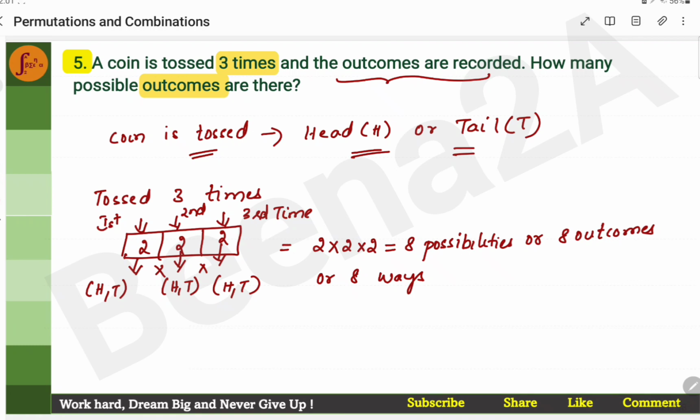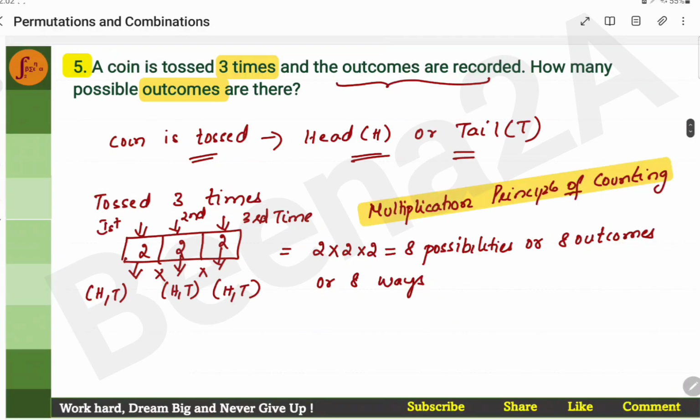Here we have used the multiplication principle of counting. If we use the lengthy method and write down each outcome, we get: head, head, head is one outcome.